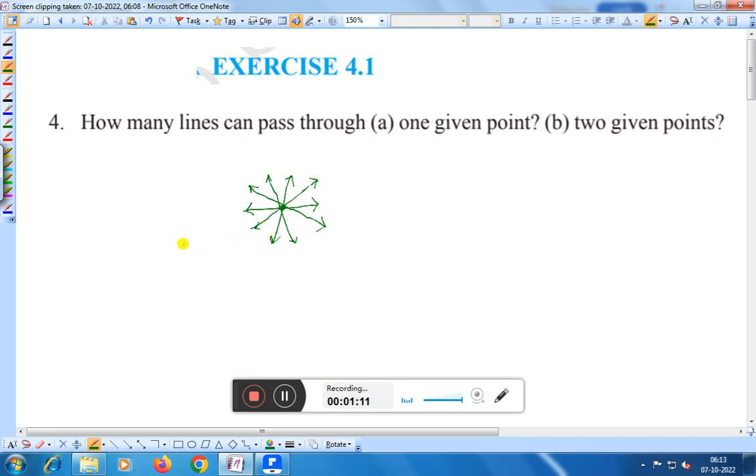Right? Therefore, the answer is: infinite number of lines can pass through one given point.